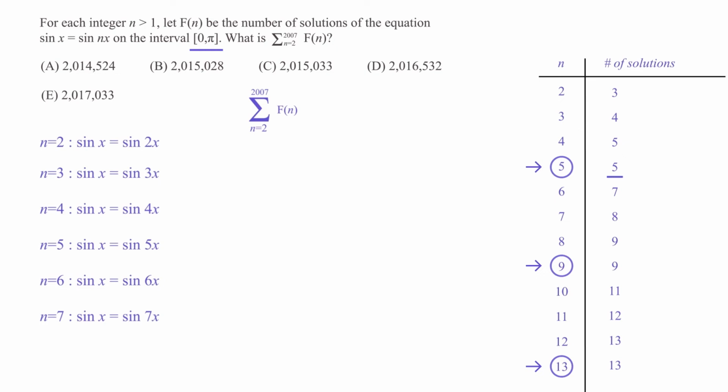So what that means is whenever there's a number that if you subtract 1 from it, it'll be divisible by 4, you'll get this kind of scenario. So for example, 5 minus 1 is 4, which is divisible by 4. 9 minus 1 is 8, which is divisible by 4. 13 minus 1 is 12, which is divisible by 4.